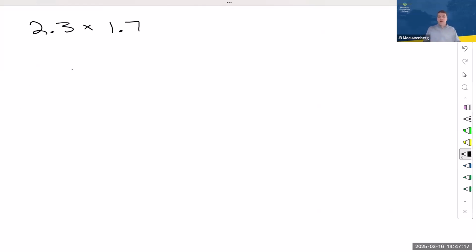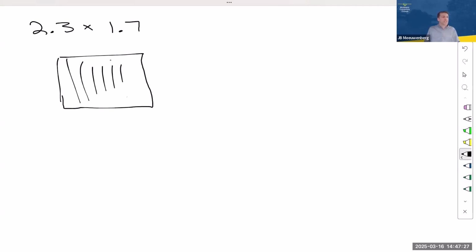And if you remember back to our base 10 grids, we can start with a square, and we divide that up into 10 sections this way, 10 sections that way, which is 100. Those are all talking about those hundredths now. And we can model a problem like this the same way.